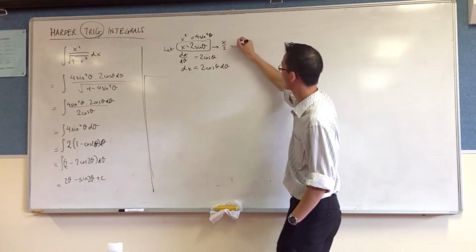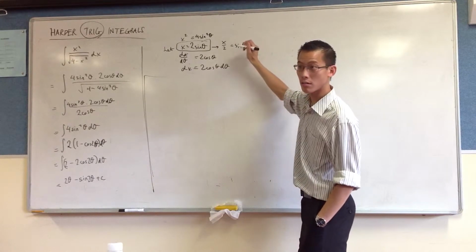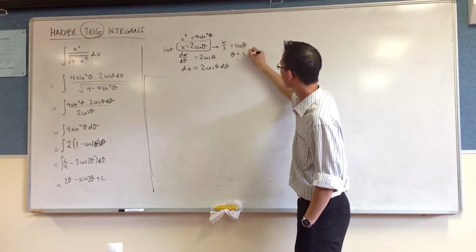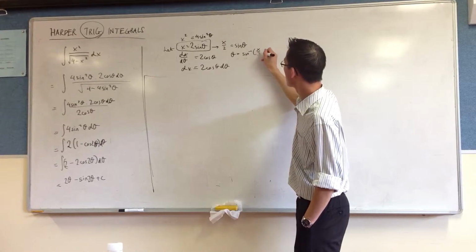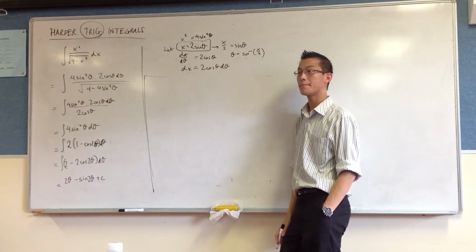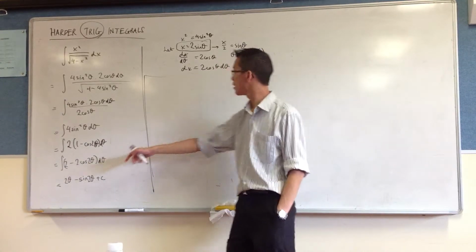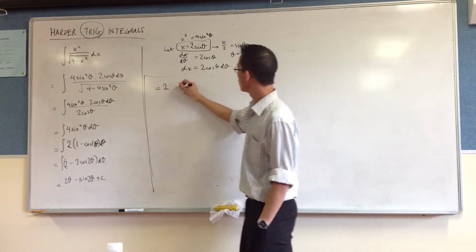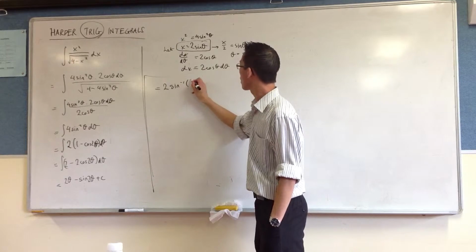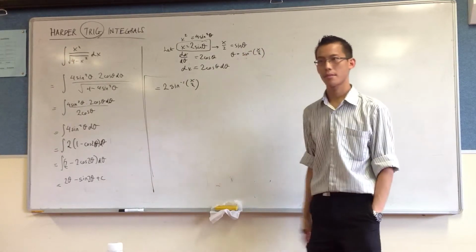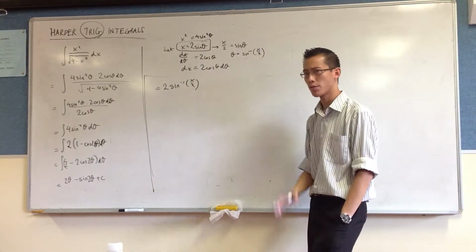This leads to x on 2 is sine theta. So therefore theta is sine inverse of x on 2. So I can substitute that theta there as 2 sine inverse of x on 2.